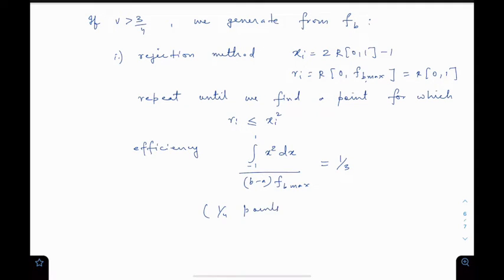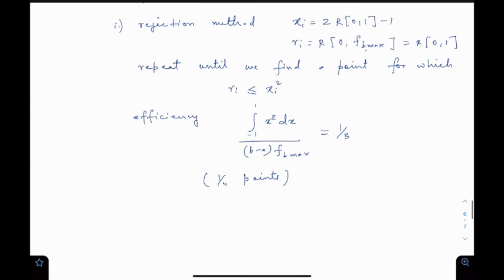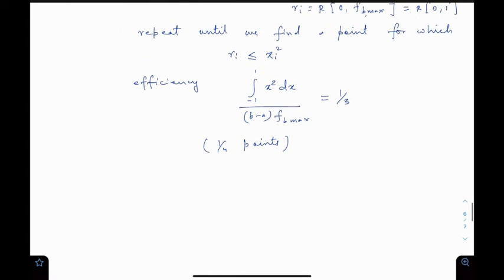The efficiency was 1 for the points distributed according to f_A. So the net efficiency is 1/3 times 1/4 plus 1 times 3/4, which comes out 5/6, which is a small improvement over the 2/3 of the simple rejection method.